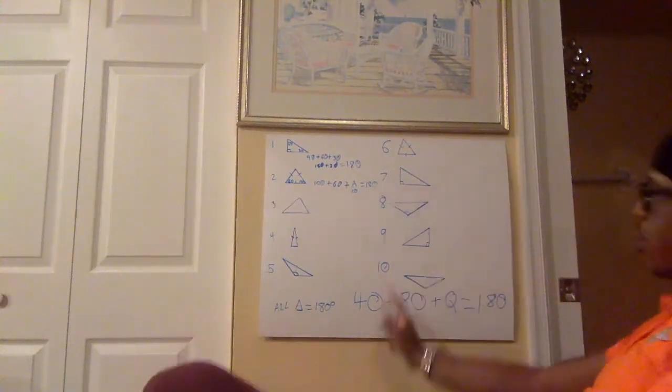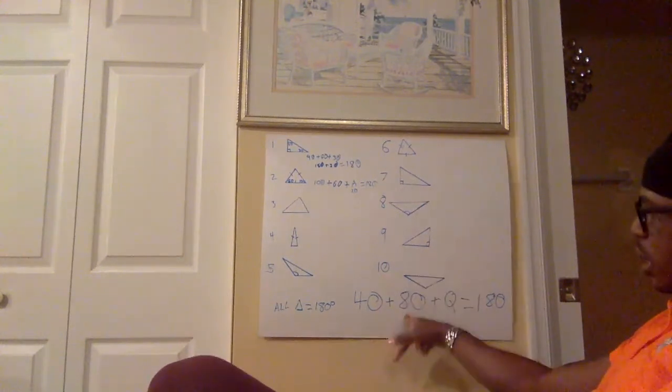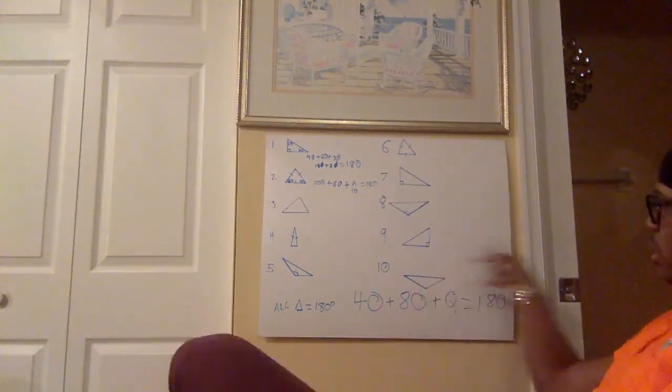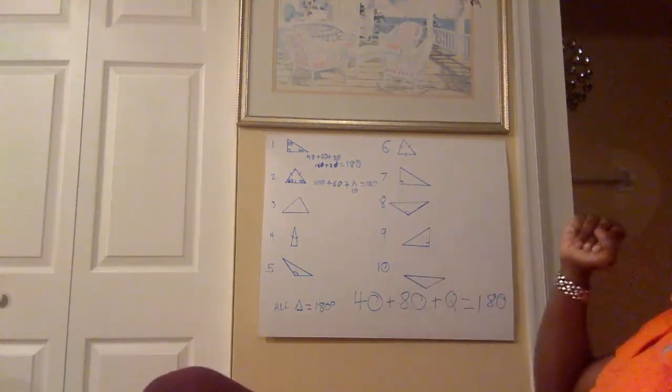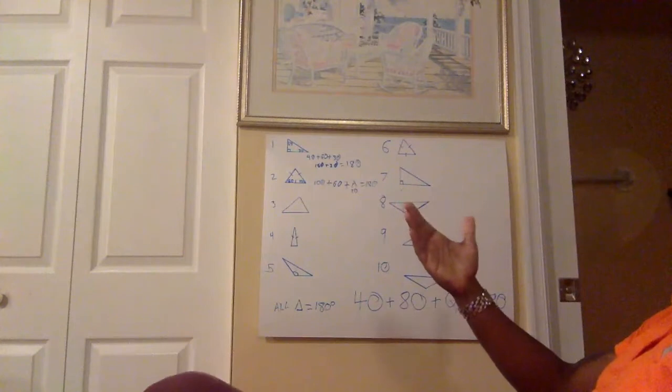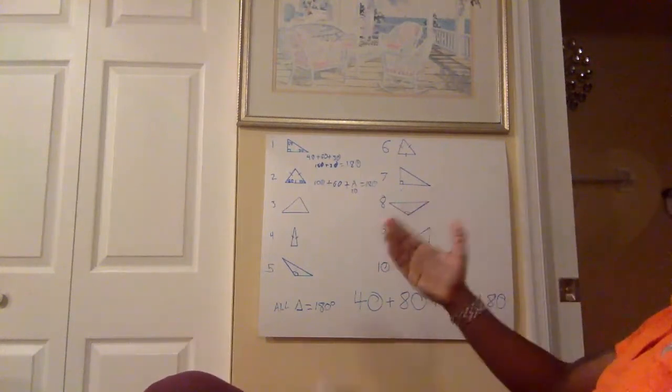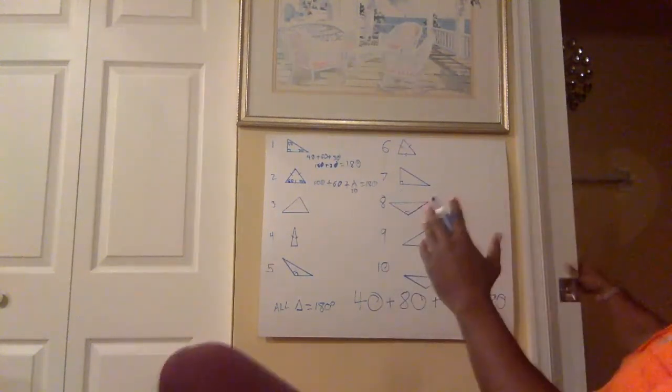So I know 40 plus 80 plus something is going to give us 180. Now 40 plus 80 is 120. We're at 120 and we need to make it to 180.